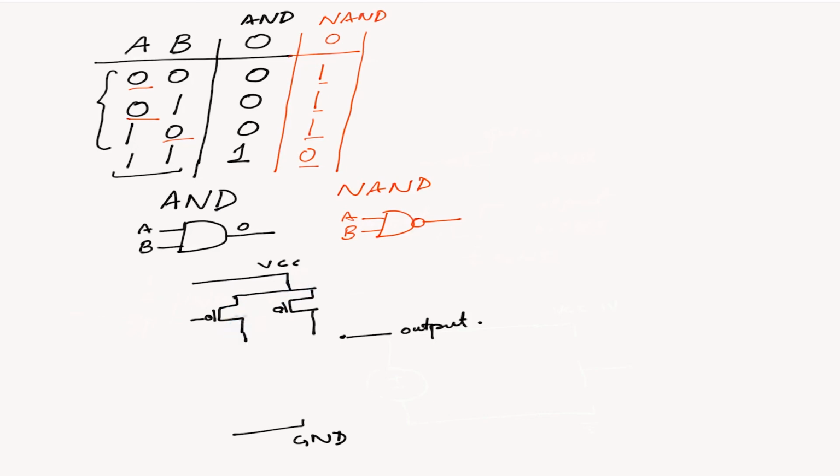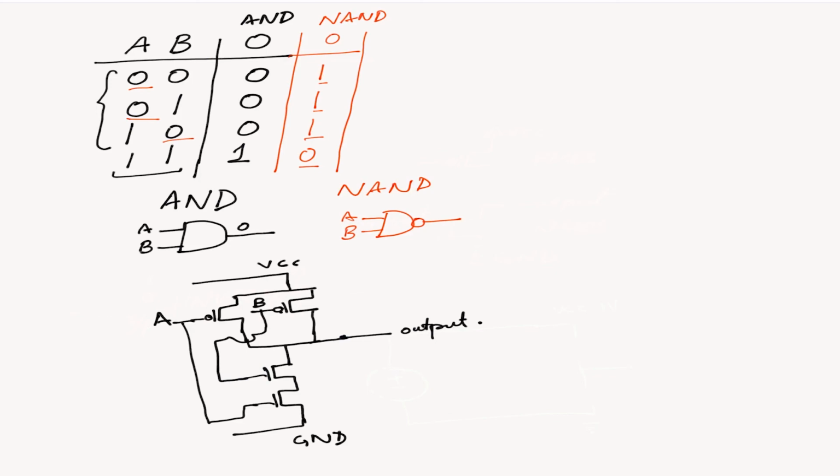Then we connect two NMOSes which are connected in series. We connect A to this one, and let's say this is our second input, B, and the same input is connected to the second NMOS. Our output is connected to this one.